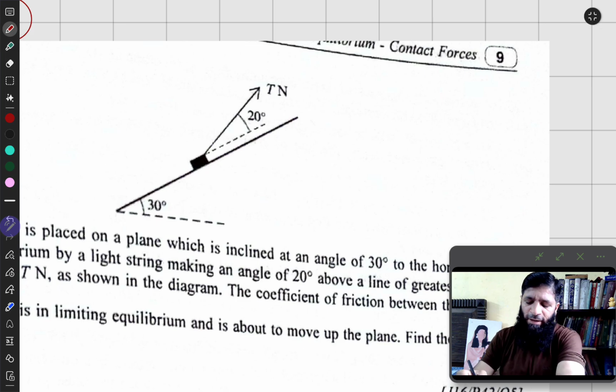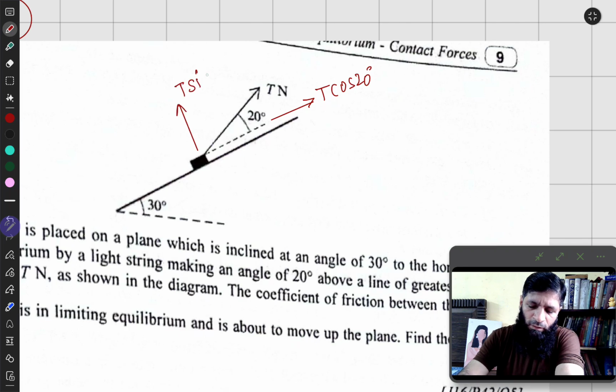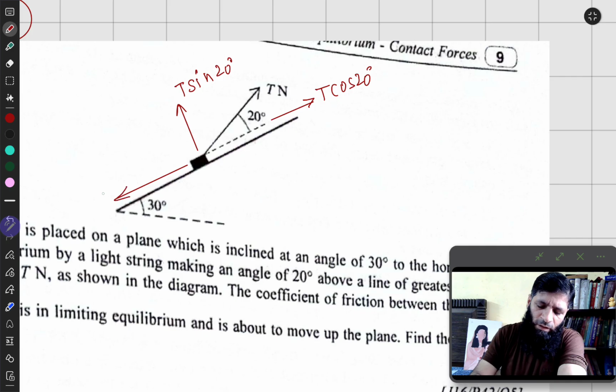First of all, you can have two components for this T. The horizontal component for this T will be T cos 20, and the vertical component of the external force T will be T sin 20, plus the components of weight, which will be W sin theta, the parallel component of weight, and the perpendicular component of weight will be W cos theta.